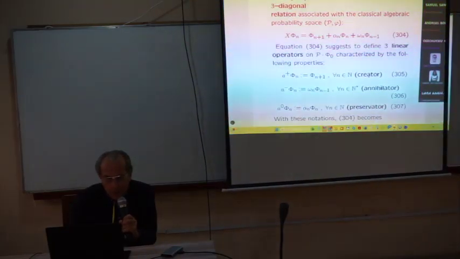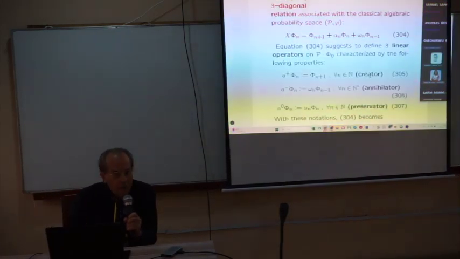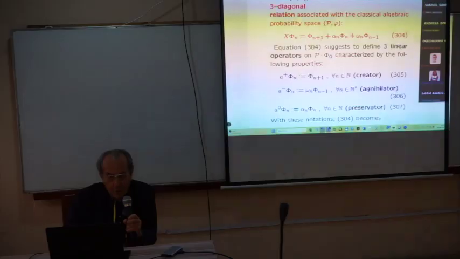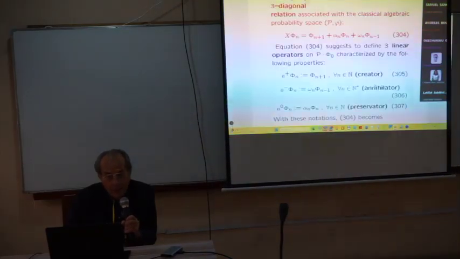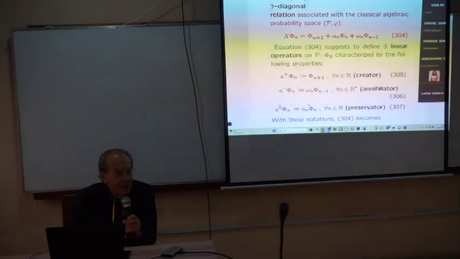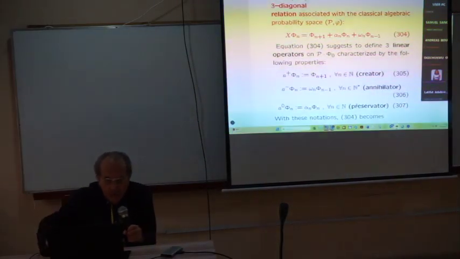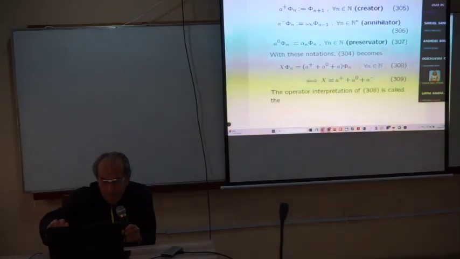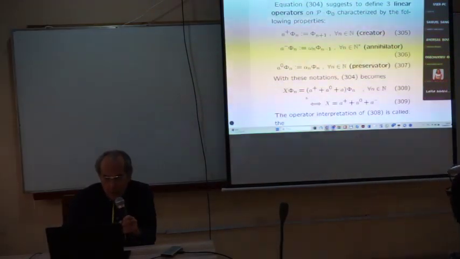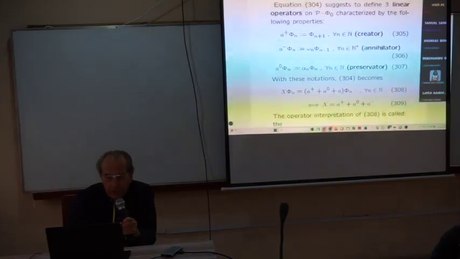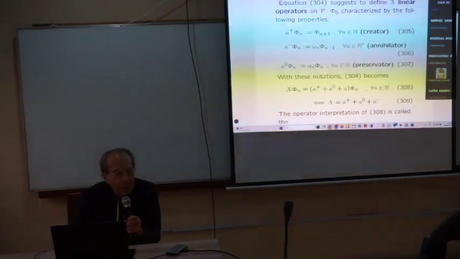The operator which increases the gradation will be called creator. The one which decreases it by 1 will be called annihilator. And the one which keeps the gradation is called preservative. But with this notation, what we had was a vector identity, an identity between vectors.